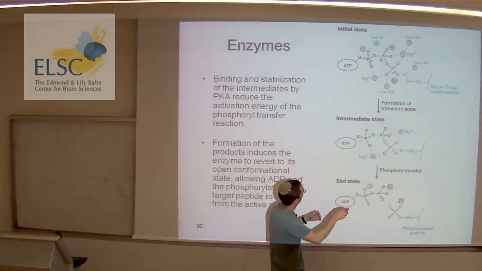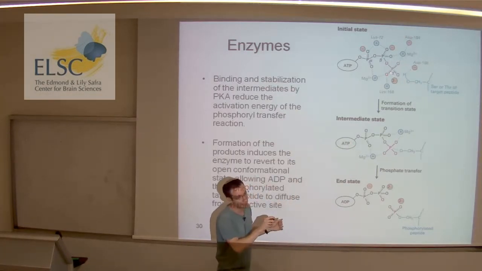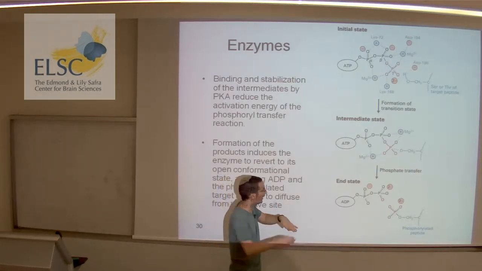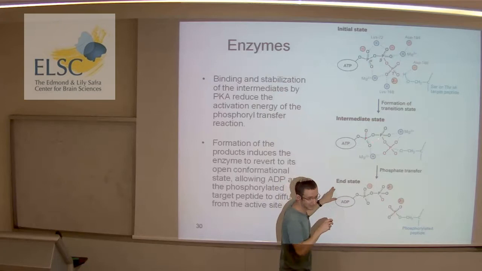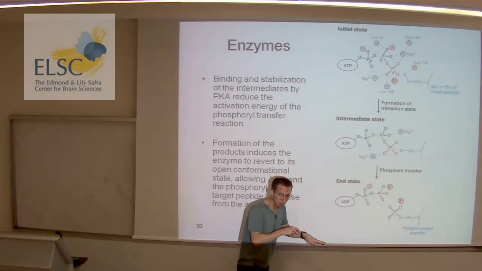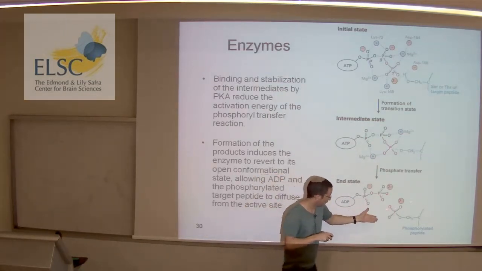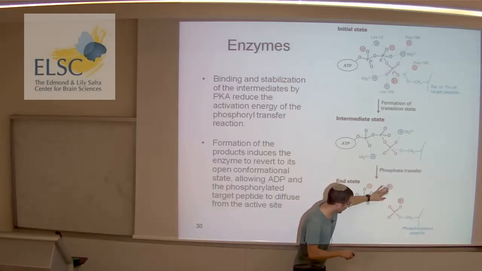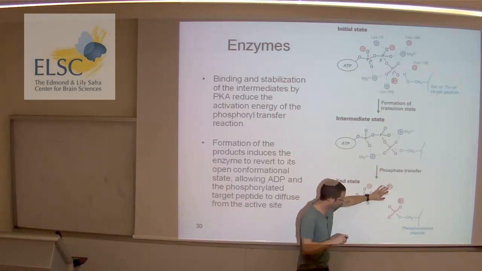Okay, so again, we can slide back to the initial state, but if we do so, we will meet the glycine loop that locks these two substrates together. And again, we will be pushed towards the intermediate state. And if we slide down to the product side, where this is actually the product of the reaction, here you see the red polypeptide with the linked phosphate.